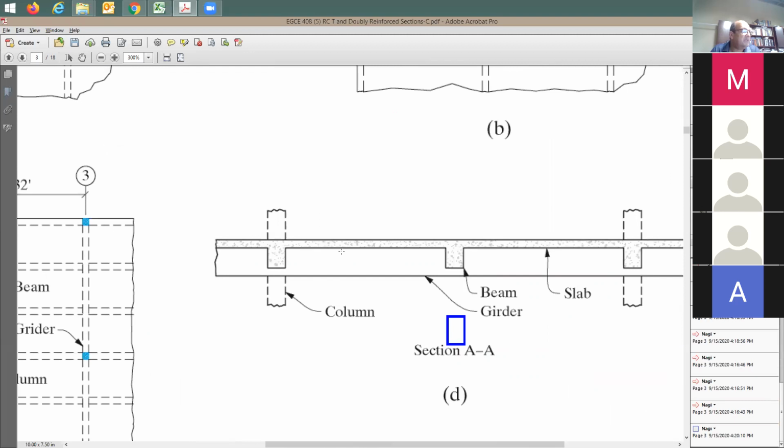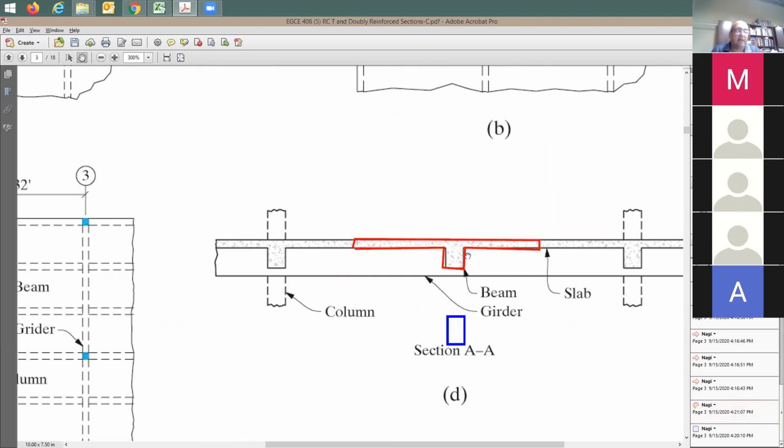So here's my beam. Let's give it from half the way, roughly. This gives my T-beam.